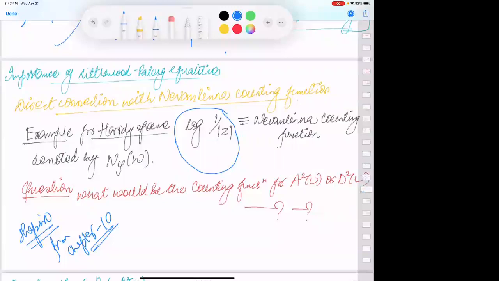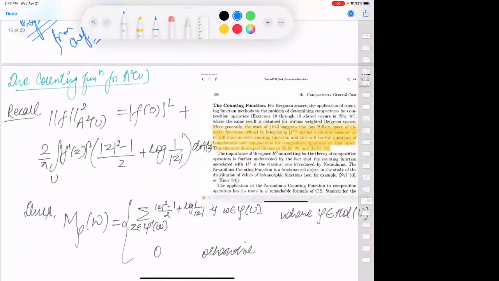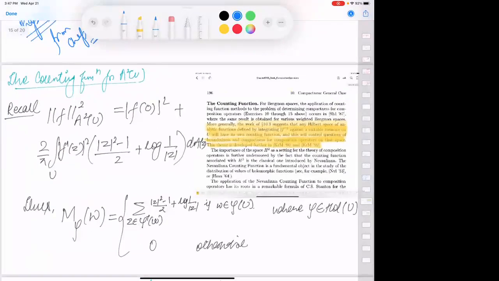When I was studying this Shapiro book, Composition Operators, from 1993, there is a side note written over there which says that it's possible to have a counting function for the Bergman space. It says in his note that the right kind of measure, present alongside phi prime of z squared, will be called the Nevanlinna counting function for the Bergman space.